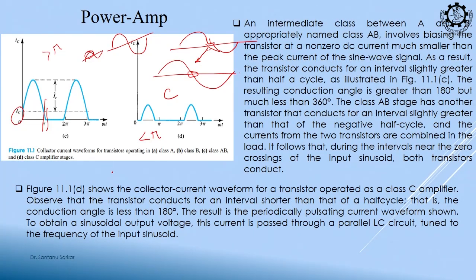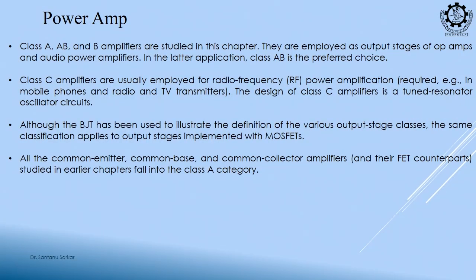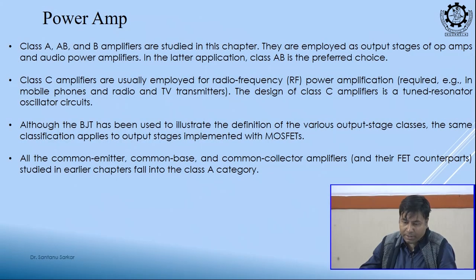So, if you see that, maybe it will be on for this period. So, it is on for a fraction of pi. These are the classifications of 4 different types of amplifier. We will be seeing what the implications of the different amplifiers are.